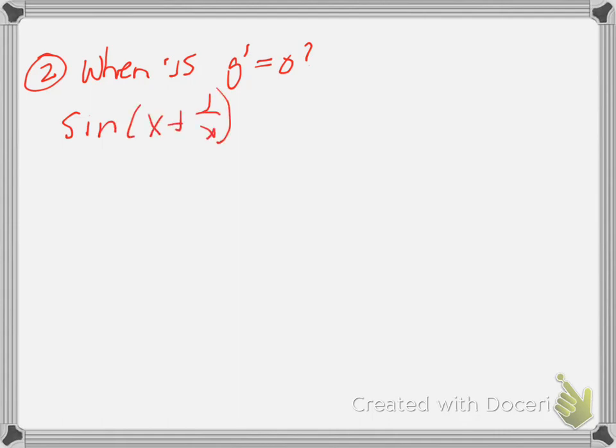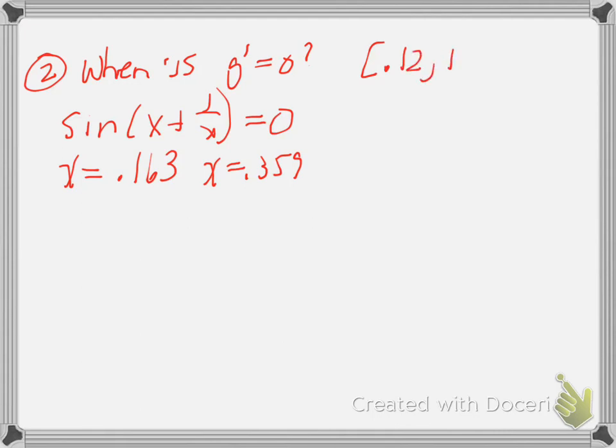It's a calculator question, so you're going to put that into your calculator, and you're going to find that x equals 0.163 and x equals 0.359. They said this is in the interval from 0.12 to 1, so both of these values are in that interval.